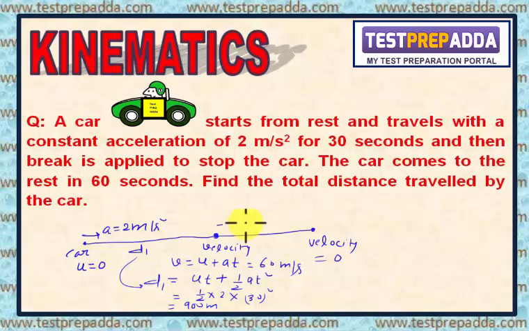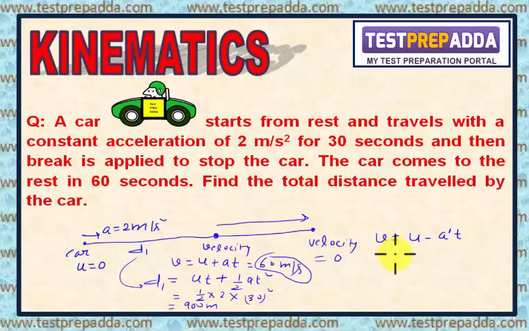So for this motion, the initial velocity will be taken as 60 meter per second. Got the idea? So first of all, get the deceleration, or acceleration which is now in the opposite direction because the brake is applied. So use v is equal to u minus a dash t, let us say.